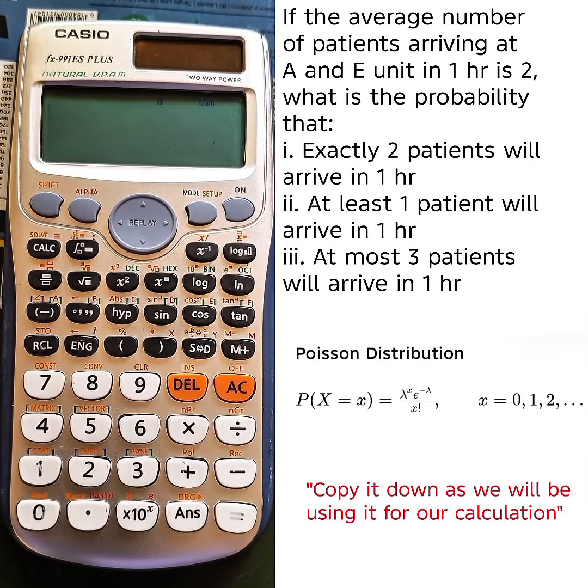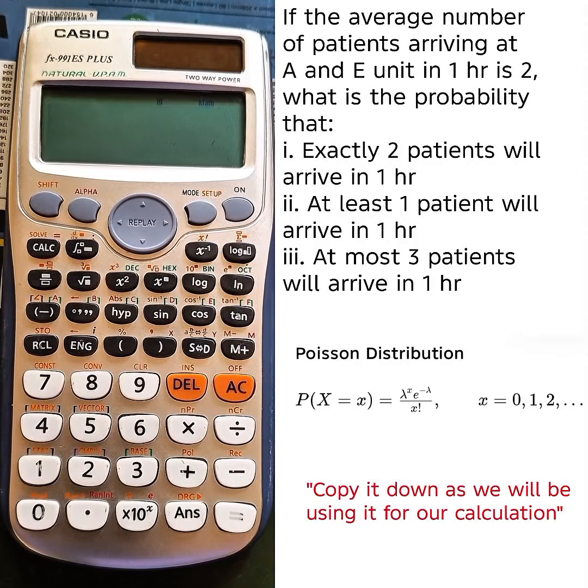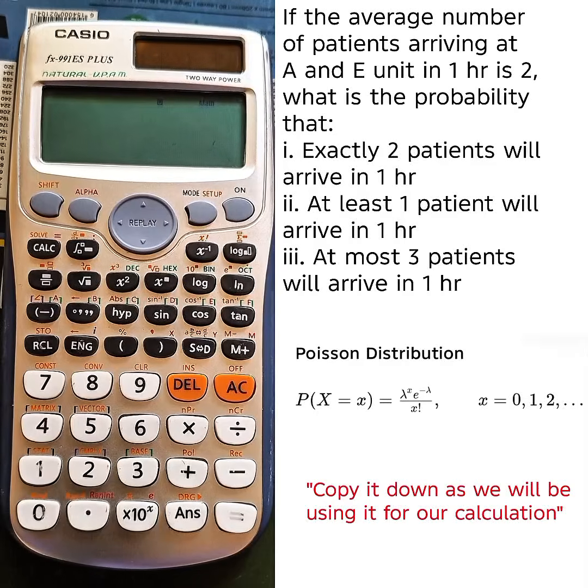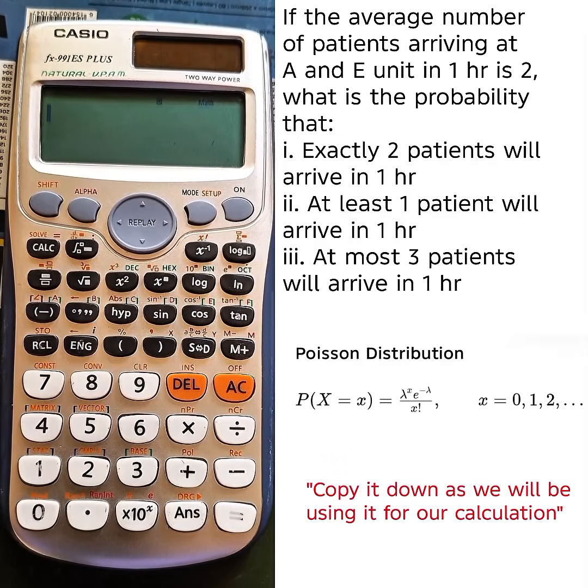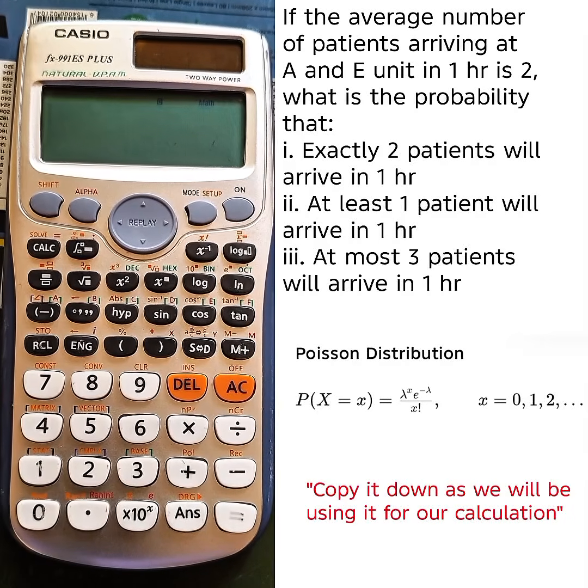Solution. The only thing you're given in a Poisson distribution is lambda. The formula says the probability of X equals x is lambda to the power of x times exponential minus lambda, all over x factorial.